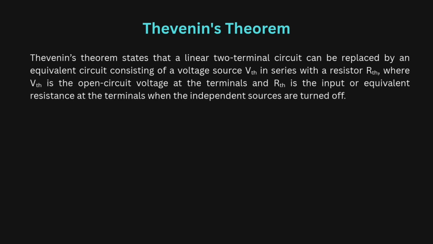In simple words, a complicated linear two-terminal network can be replaced by one voltage source VTH in series with one resistance RTH. That's the basic idea of Thevenin's theorem.